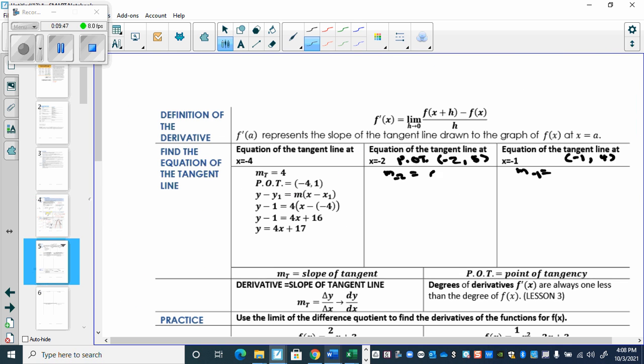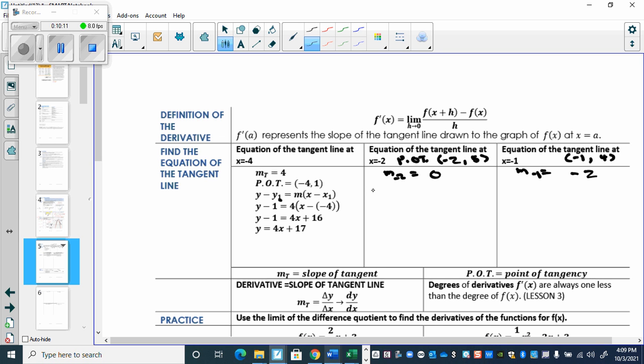So my slopes are 0 and -2. With this information, I can easily write an equation using point slope form. So basically the same form. I already have a y, I already have an x. That's what this point of tangency is, and I already have a slope as well. So I'm going to find an equation using this information from the page before.